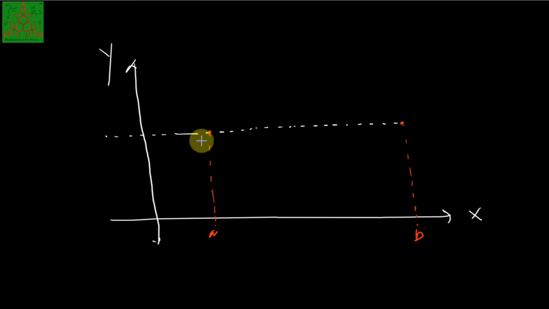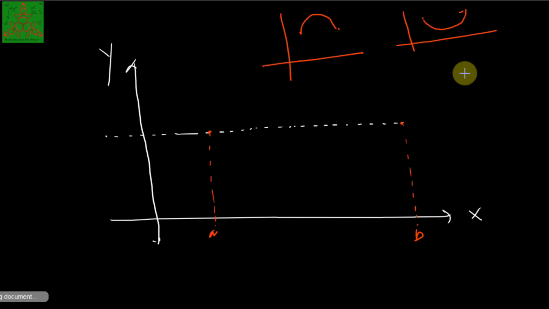I hope you have done your graph, and maybe some of you have plotted like this. Some of you might have plotted like this, smiley. Those who are lazy might have plotted a straight line joining these two.